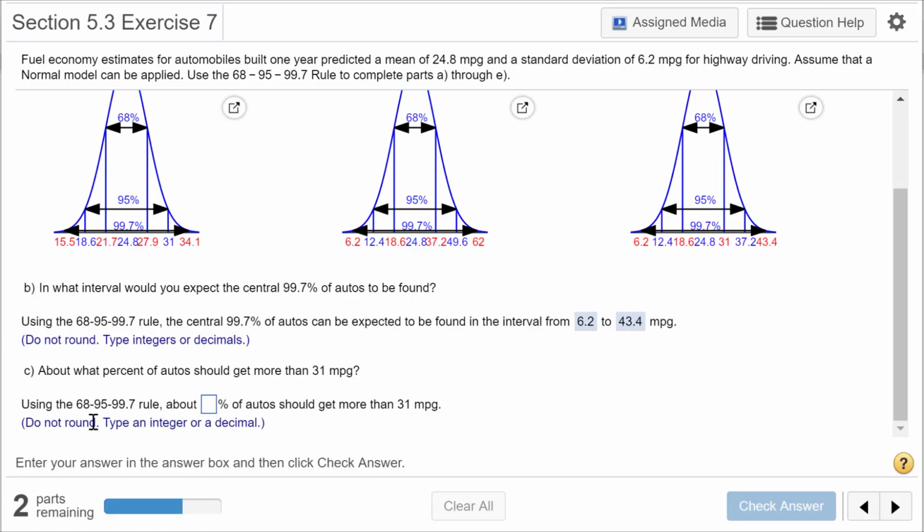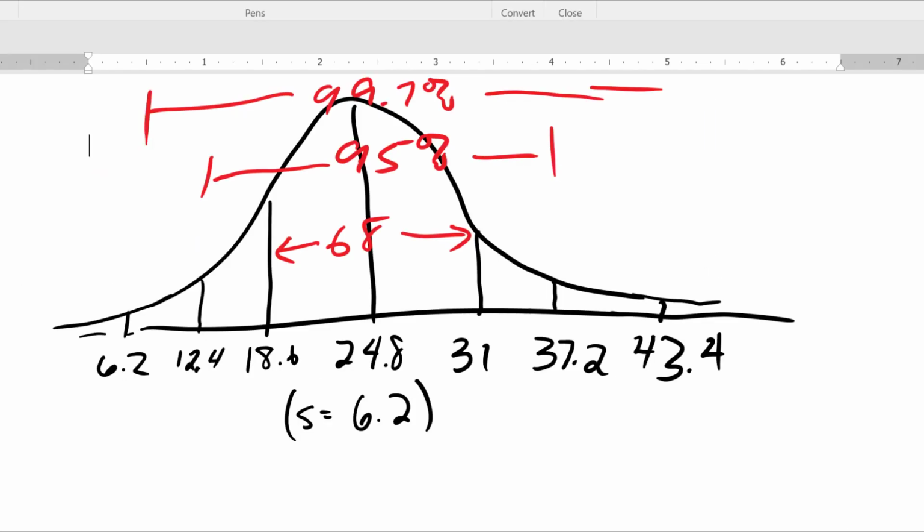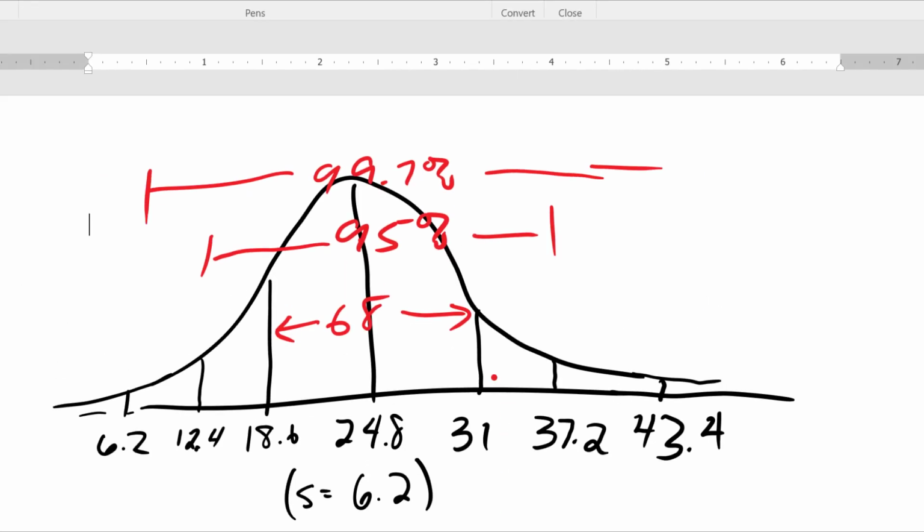Now using the 68, 95, 99.7 rule, what percent of autos should get more than 31 miles per gallon? Let me go back over to my homemade graph. Even though it doesn't look as pretty, I can think more easily about this. I want to shade this area right here.